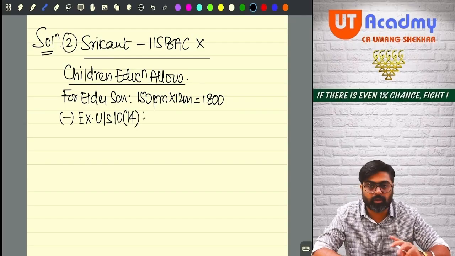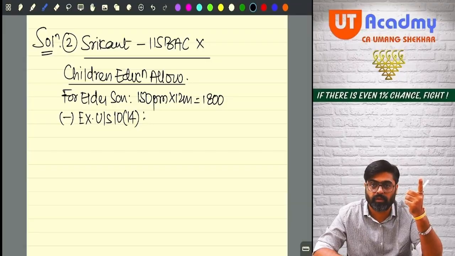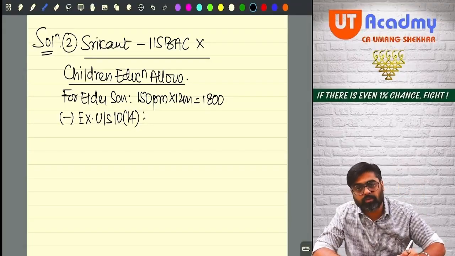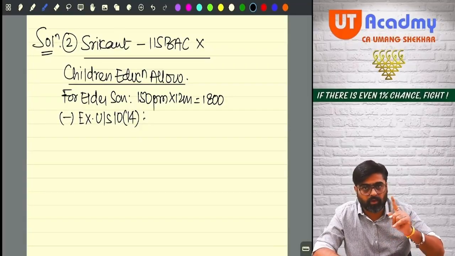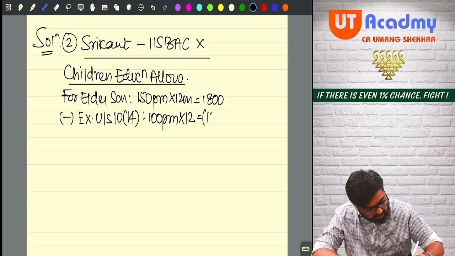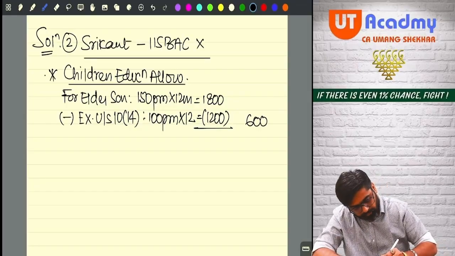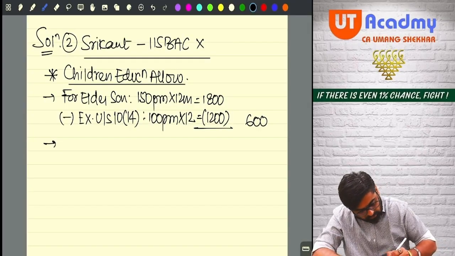And 10(14) exemption will be available for children education allowance if you are not following 115BAC. Yes or no? Then how much exemption will be available? 100 rupees per month per child. So for this child, 100 rupees will be exempt. 100 into 12, 1200 will be exempt. So how much will be taxable? 600.